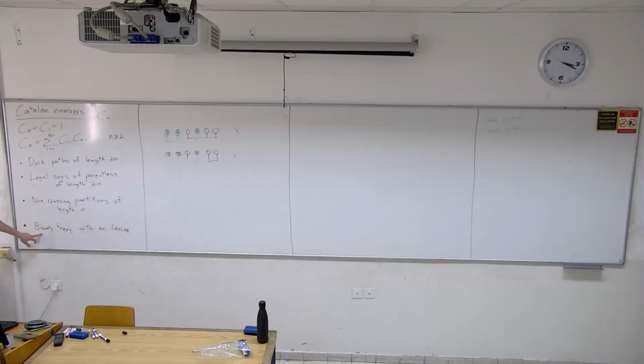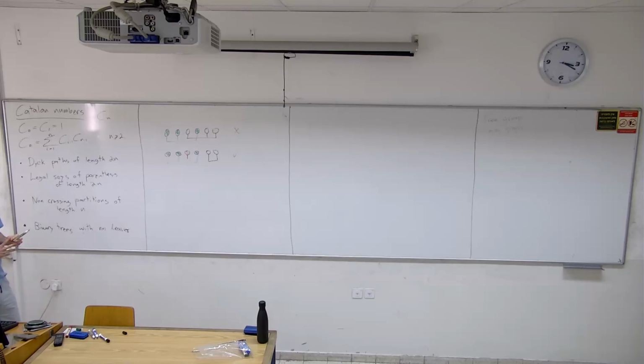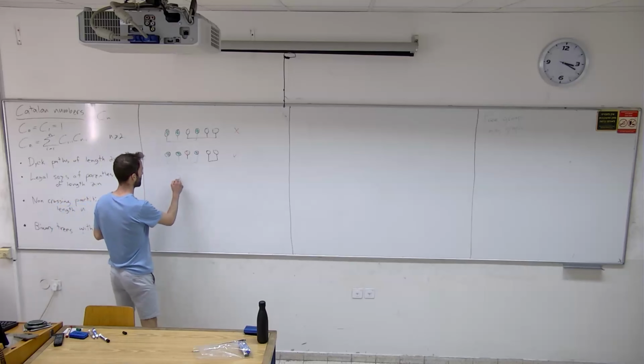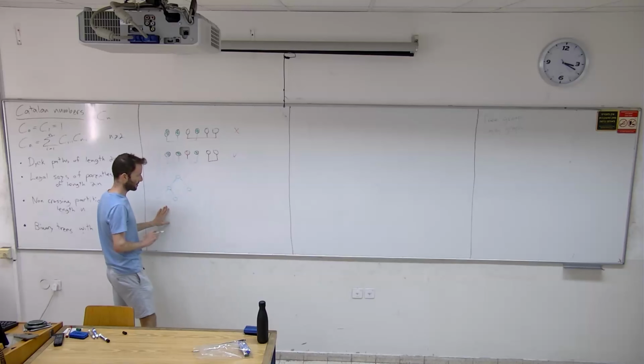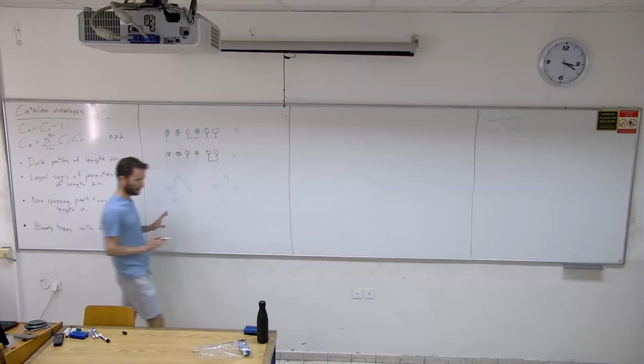So how do I prove that the number of binary trees with n plus 1 leaves is represented by these numbers? First of all, I need to check the base case, and then I need to be able to express this counting problem as this recurrence relation. The trees are ordered. So let's say this tree is a binary tree, and this tree is a binary tree, and they are different.